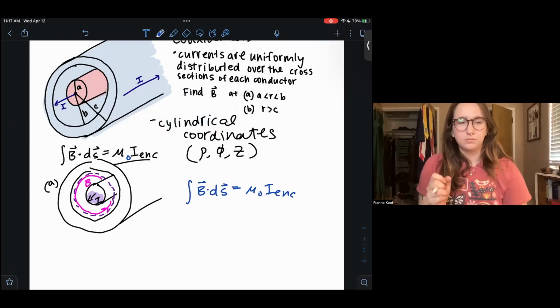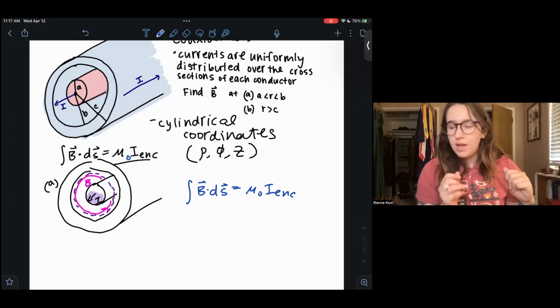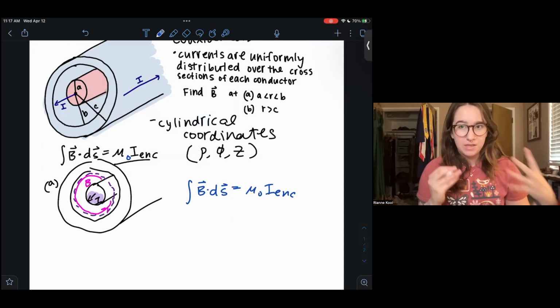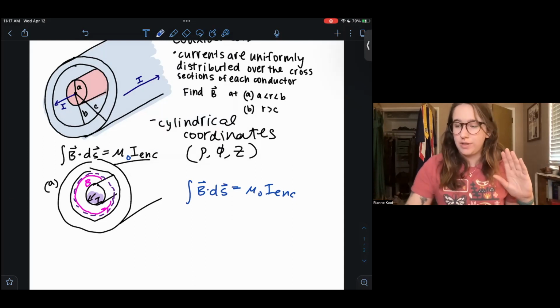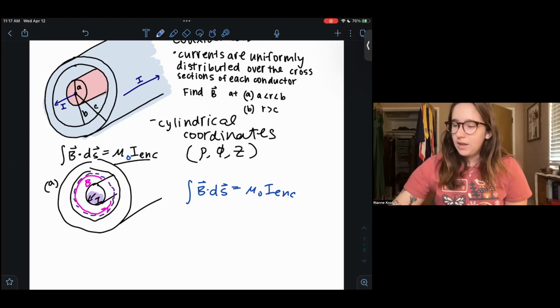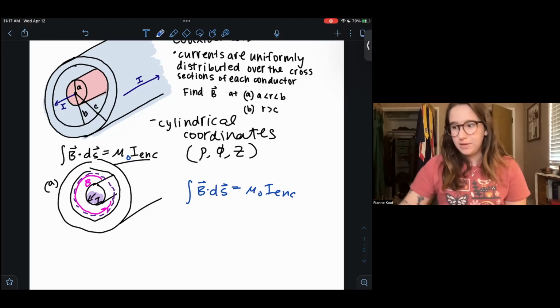What we ultimately want to do is exactly like we did with Gauss's law and Gaussian surfaces: make it so our B is just a constant that we can take out of the integral. We can do this by making sure that our B field and our ds are in the same direction, and they're the same type of loop.